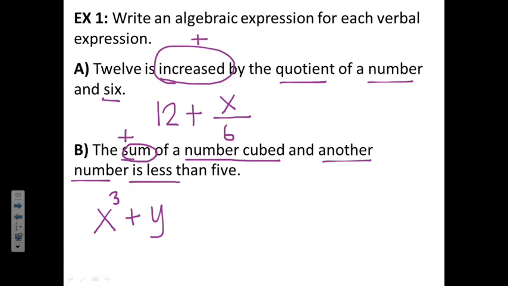When it says is less than, that means we're going to use, if you remember the alligator symbols you used before, and we talked about these two choices here, and in class we decided it was definitely this one. So it's the less than symbol, not the greater than. So if we add those two, it has to be less than 5.